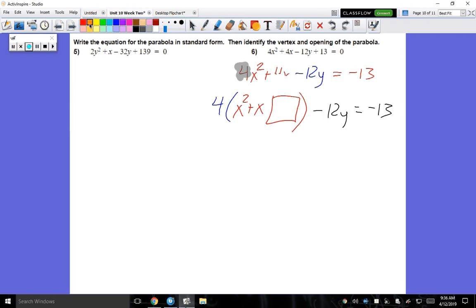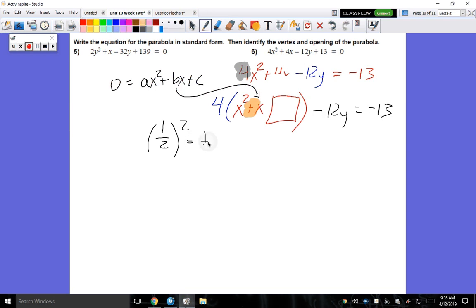Next, I'm going to identify what is my b value left over. My b value coefficient, again, from this ax squared plus bx plus c standard form for a quadratic is going to be 1. So we have b over 2, which is 1 over 2, and we're going to square it. So this becomes 1/4.